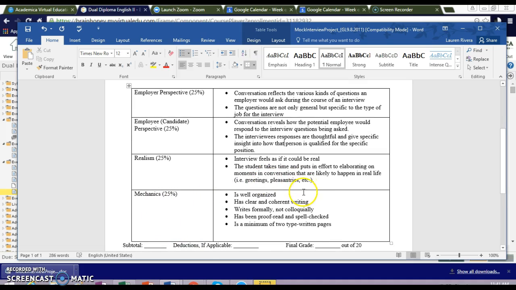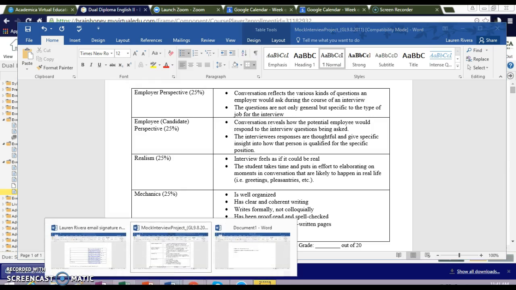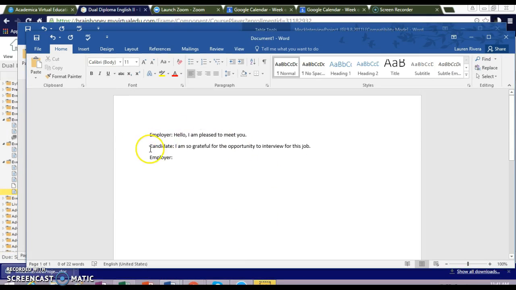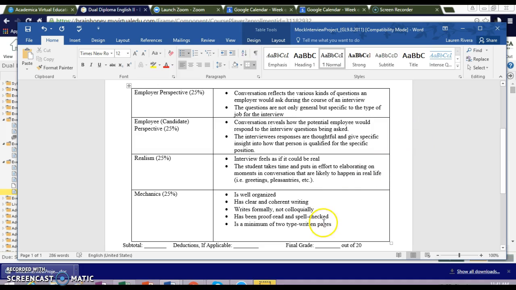Now, mechanics. It should be well organized. So if you have a good method of labeling your interview with, for example, employer, candidate, that way I can clearly see who is speaking, that's a nice way to organize your interview. Make sure you write formally and not colloquially. You're definitely not going to show up to an interview and say, hey man, how's it going?